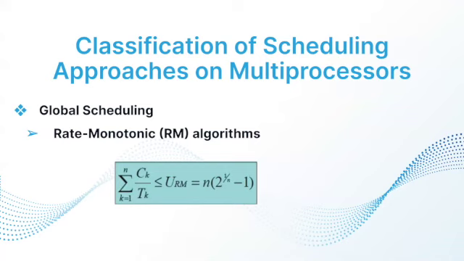Algorithms such as the rate monotonic RM, the one that I showed you before, or the earliest deadline first algorithm, the EDF, may result in arbitrarily low processor utilization in multiprocessor systems. We're going to go over another example, and that's going to be for the least laxity first, or the LLF scheduling algorithm.